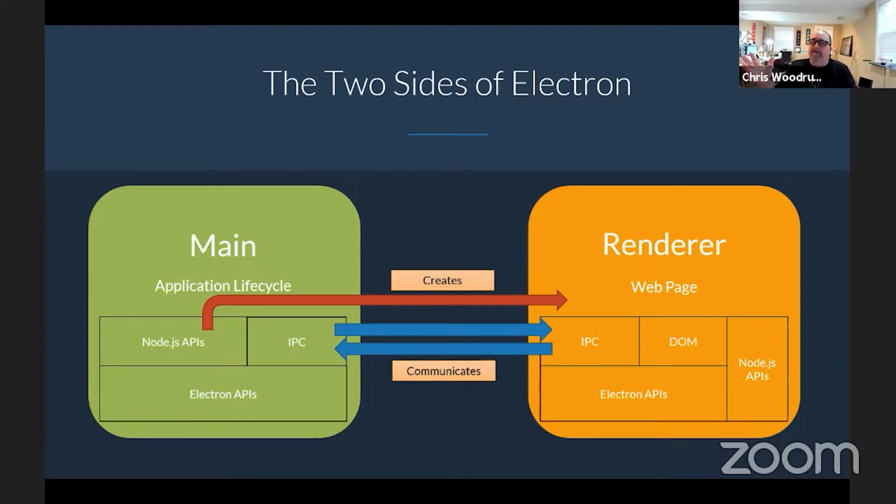So if I had 2 web pages, as we can show, we can have multiple windows open, what we call browser windows. And the only way to communicate between 2 browser windows is to send a message back to the main process, which then will send that to wherever it needs to go in another window potentially.